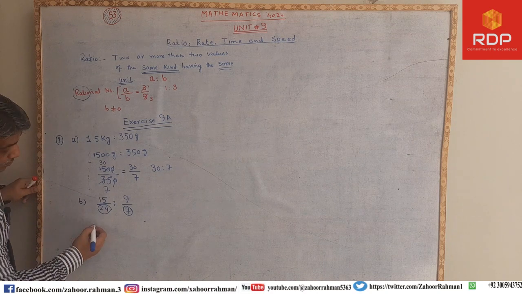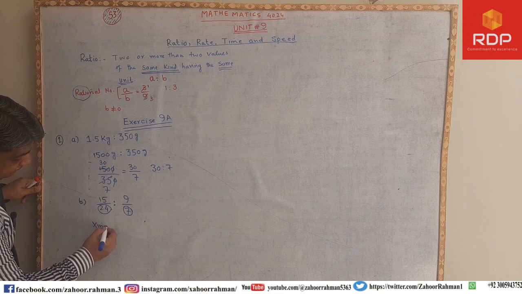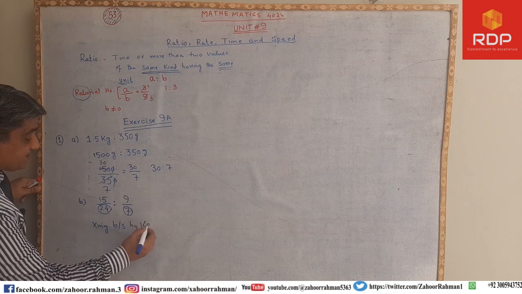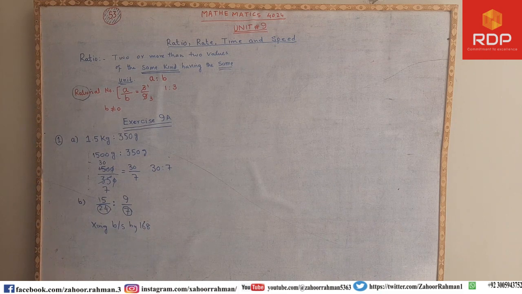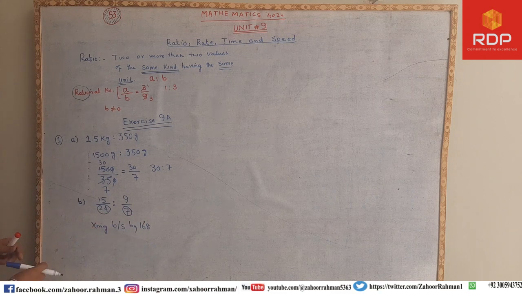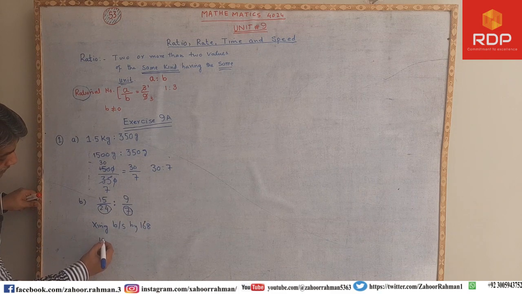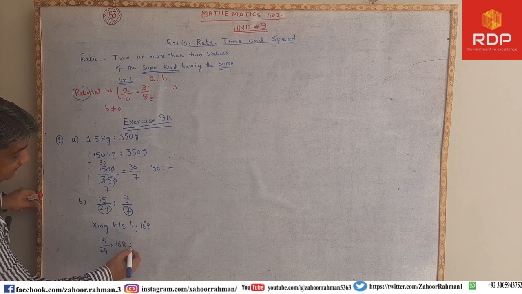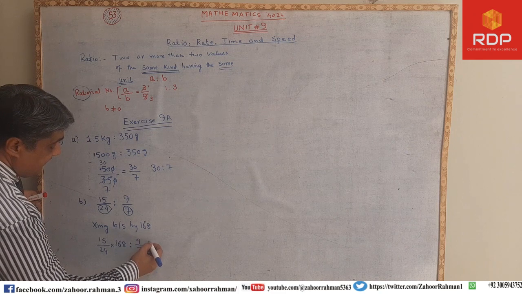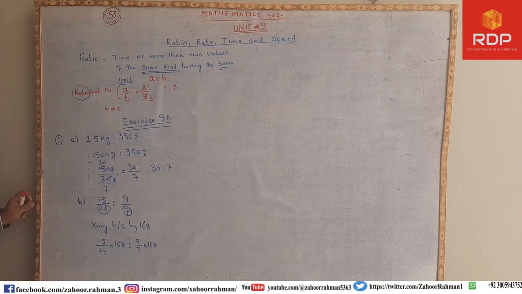In this case the LCM is 168. So multiplying both sides by 168. Why 168? Because 24 and 7 have the smallest common multiple 168, which is divisible by both 7 and 24. So 15 divided by 24, we are multiplying by 168, and 9 divided by 7, also we are multiplying by 168.